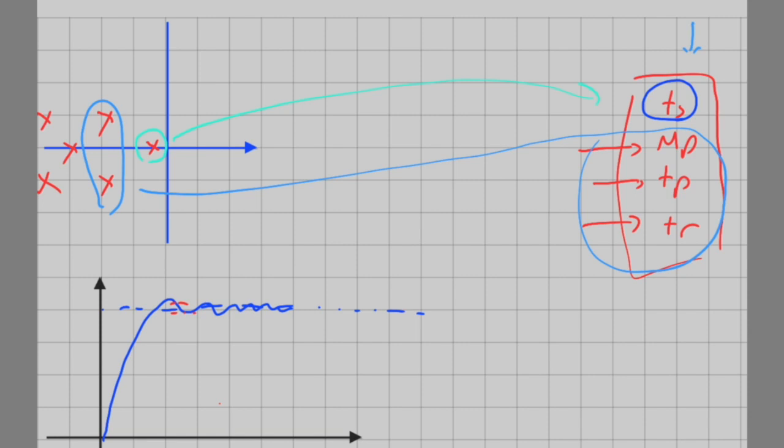But if you use these poles to compute overshoot, peak time, and rise time, expect errors in the order of 50%, and it really depends on the system. For some, they can be very good. For some, they can be very large.